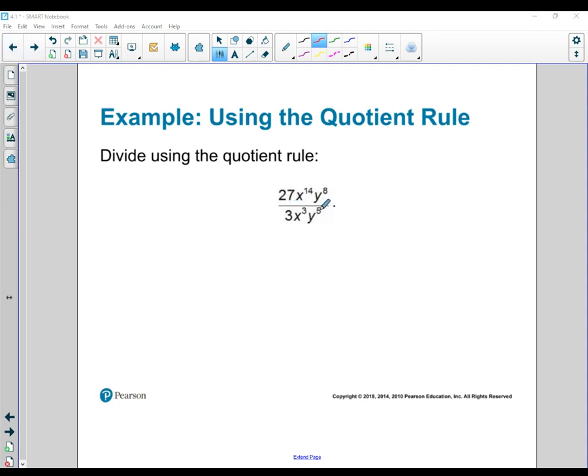So I'm just going to divide them piece by piece. 27 divided by 3 is going to leave a 9 on the top. So 9. X to the 14th divided by x to the 3rd. So 3 x's are going to cancel with 3 x's here, which is going to leave me with 11 of them up top. So 9x to the 11th. And this is actually going to all end up in the top. So I'm just going to write 9x to the 11th.